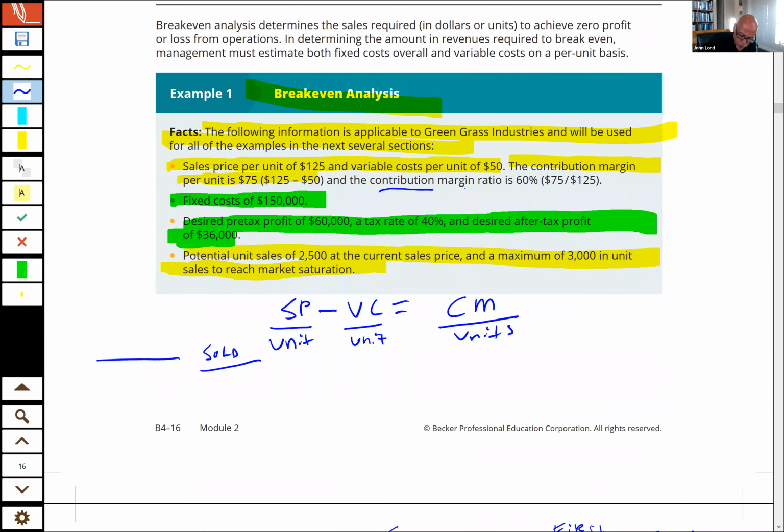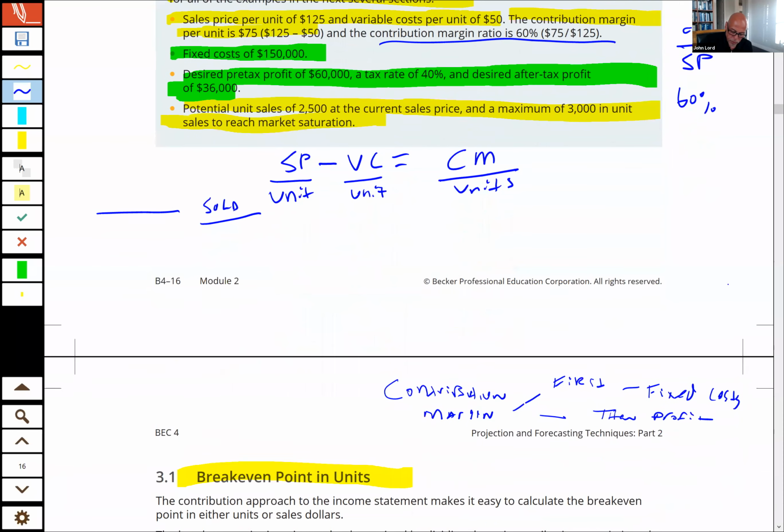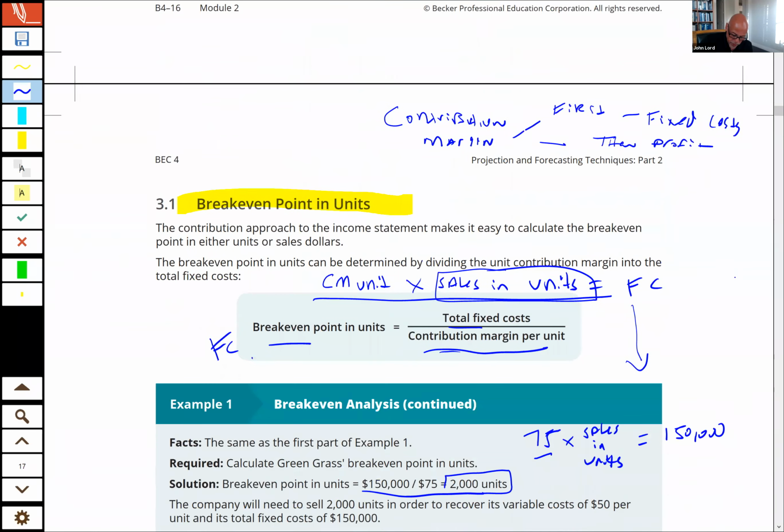Contribution margin ratio is 60%, which is taking the contribution margin and dividing that by the sales price. That's telling me that 60% of each sales dollar goes towards contribution margin, right?